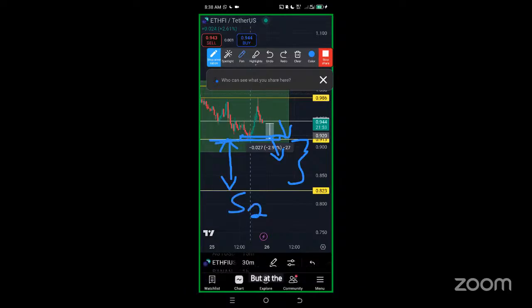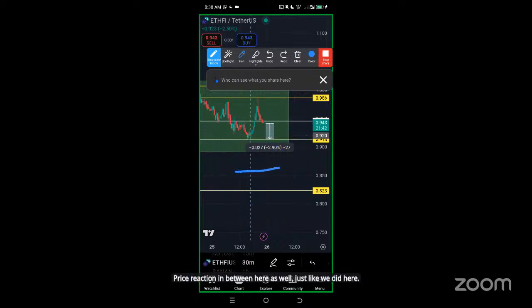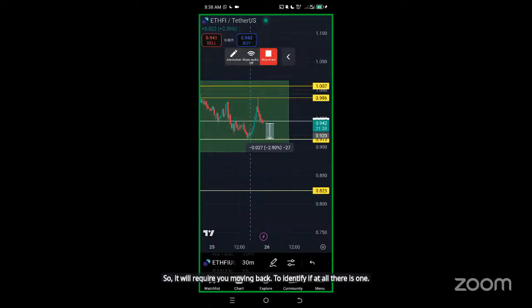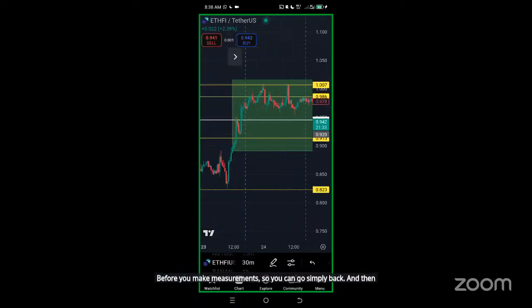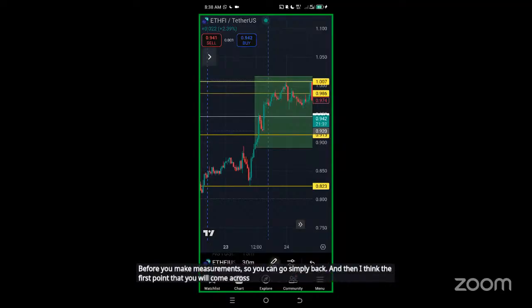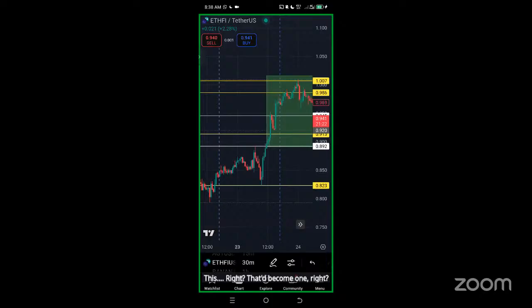But at the same time also, you need to see if at all there is any mini price reaction in between here as well, just like we did here. So it will require you moving back to identify if at all there is one before you make measurements. So you can go simply back, and then I think the first one that you will come across is this. This, right? That becomes one, right? The second one can be this.